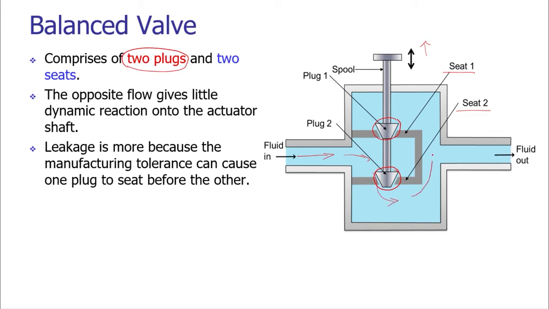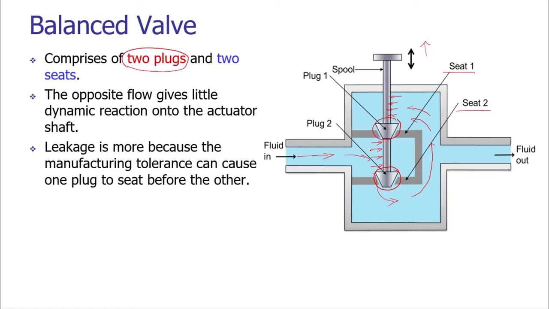As the pressurized fluid is passing, there is application of the pressure on the stem on this side, but the pressurized fluid which is coming in this area will also apply pressure on the stem in the opposite direction. So that little dynamic reaction on the actuator shaft in the opposite direction is balancing the pressure applied by the fluid in the forward direction.